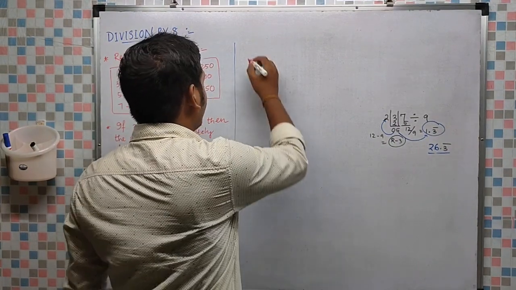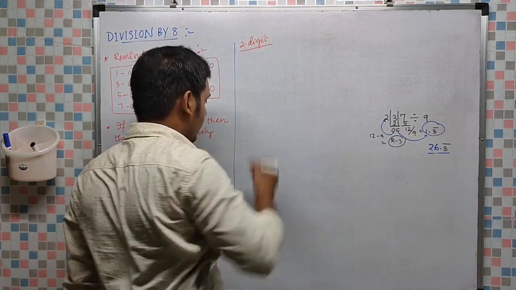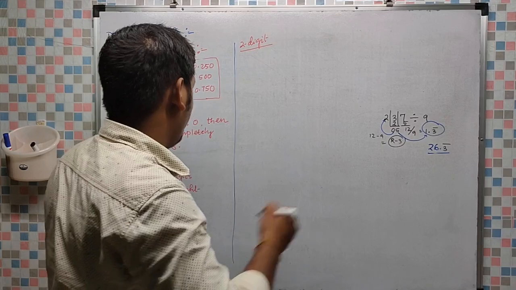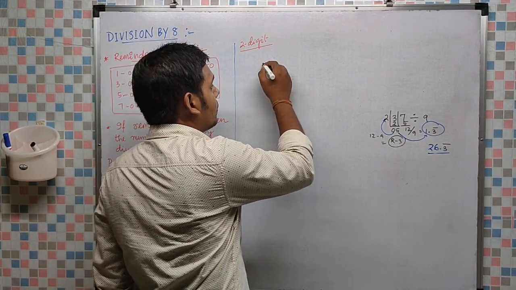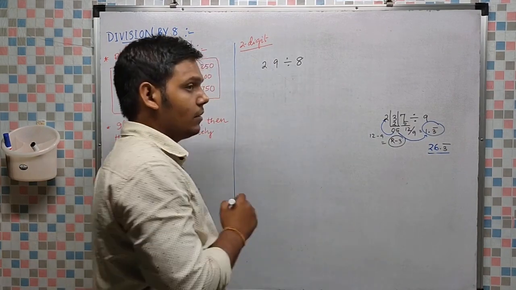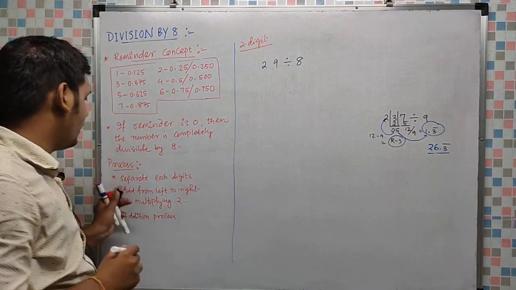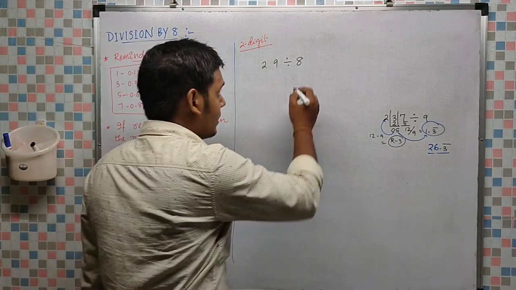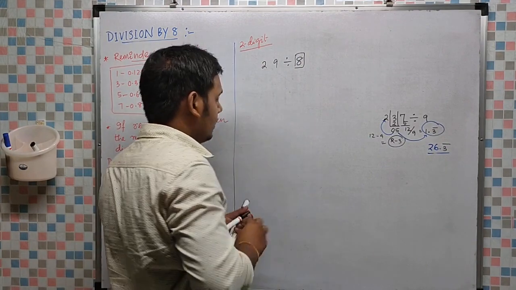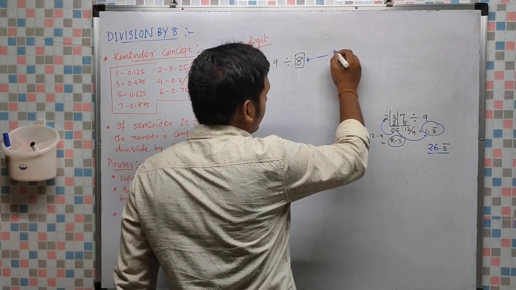First we will discuss 2-digit numbers. Suppose 29 divided by 8. First I have to separate each digit. We are dividing with a 1-digit number, so our divisor is 1 digit.